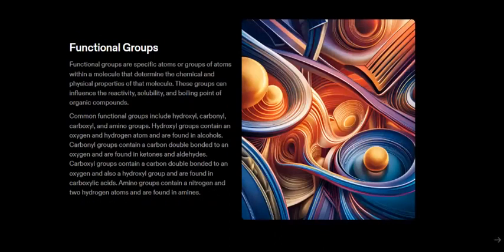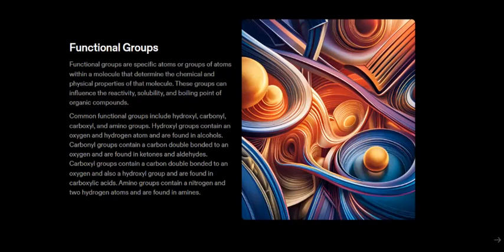Now we're going to talk about functional groups. Functional groups are specific atoms or groups of atoms within a molecule, which determine the chemical and physical properties of the molecule. There are many types of functional groups. Common ones include hydroxyls, carbonyls, carboxyls, amino groups, and many others.